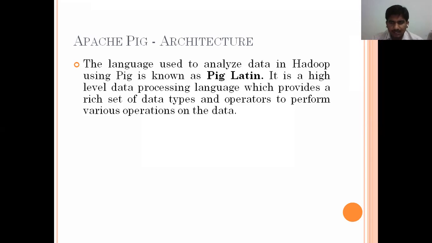For example, day before yesterday we saw how the data is arranged: the tuples, the bags, the fields, and what the atom is. So how we arrange the data, and what various operations we can perform on the data, such that the data is submitted to the MapReduce program. That is the use of Pig Latin.